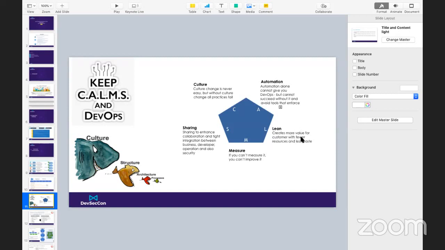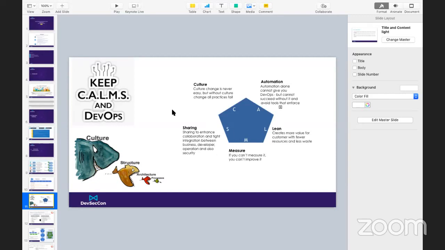You need to create more value in every process that you deliver to the customer, with fewer resources and less waste, doing the maximum for the processes. The fourth is measure. Everything you do, you need to measure. If you can't measure it, you can't improve it.